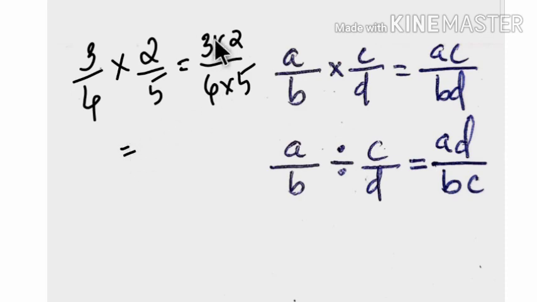So 3 into 2 is 6, by 4 into 5 is 20. Here 2 is common in both numbers. So 6 by 2 is 3, and 20 by 2 is 10. So the final answer is 3 by 10.